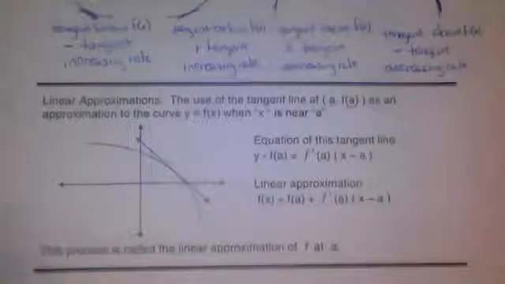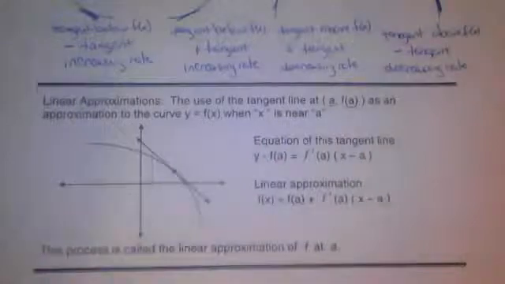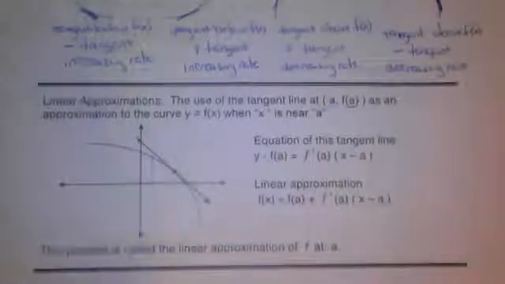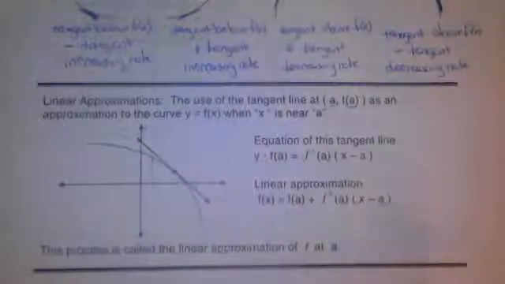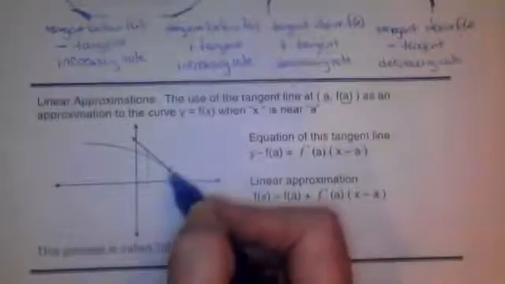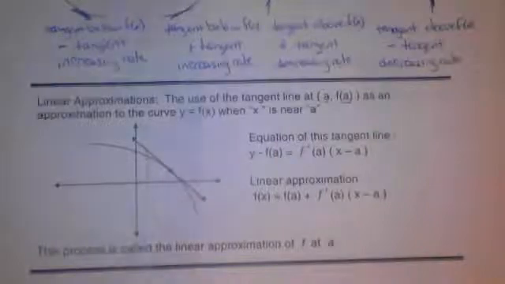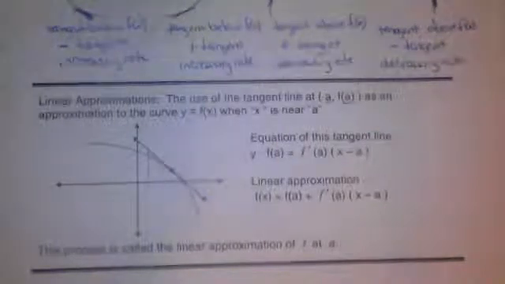So we're not actually using the exact point, but we're using some point that's near that point. So remember that our tangent line is a very close approximation for points that are near. It's as close as we could get, right? And so it's really still a very close approximation for the points near the point of tangency.